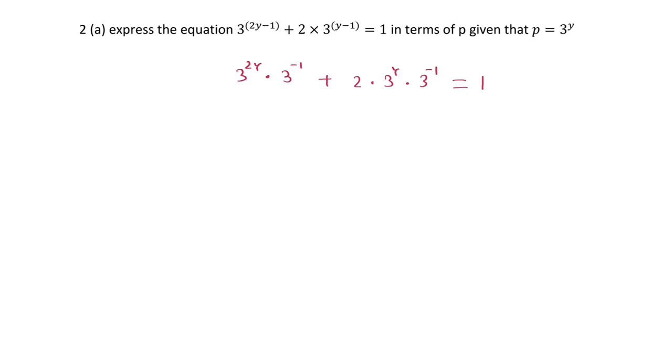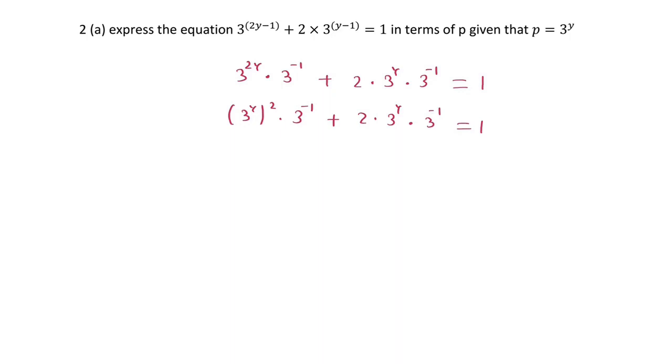Okay, so let us keep simplifying this. Our expression is going to be, in brackets, 3 power y squared times 3 power negative 1 plus 2 times 3 power y times 3 power negative 1 equals to 1. Okay, so looking at our question, we've been given that p equals to 3 power y.